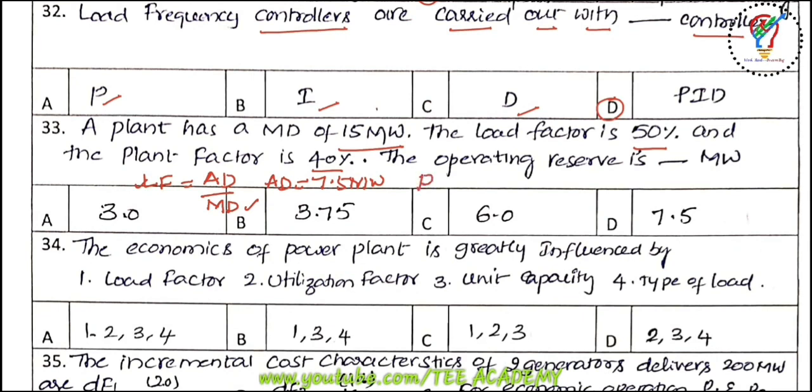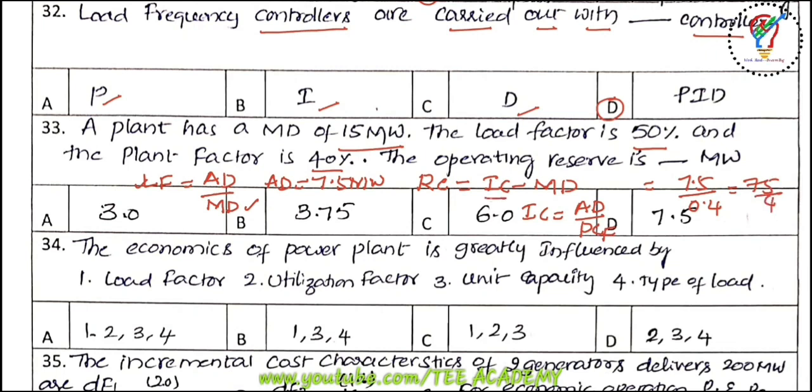Reserve capacity is nothing but installed capacity minus maximum demand. In order to find the installed capacity, what is the formula we have? Installed capacity is equal to average demand divided by plant capacity factor. Average demand is 7.5, divided by the plant capacity factor, 40%, that is 0.4. So 7.5 divided by 0.4 gives 75 by 4.